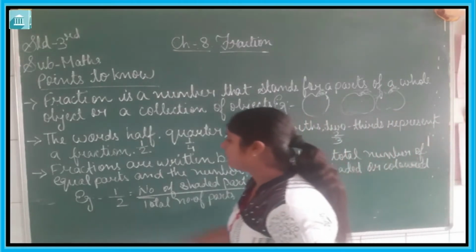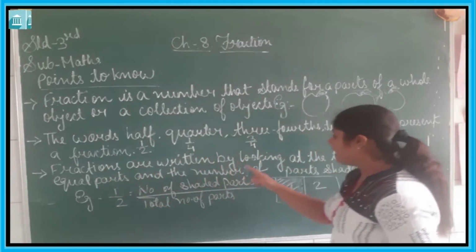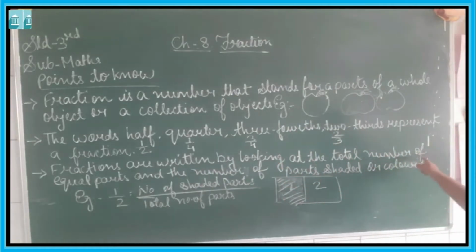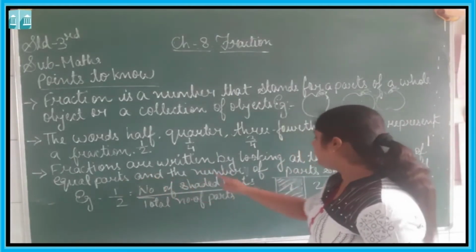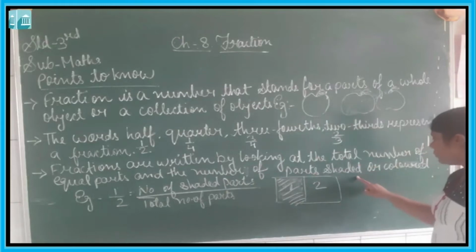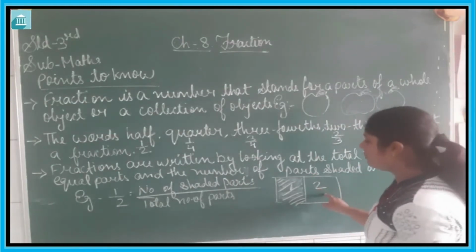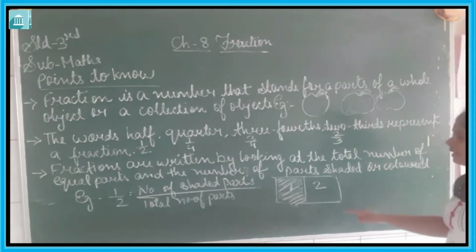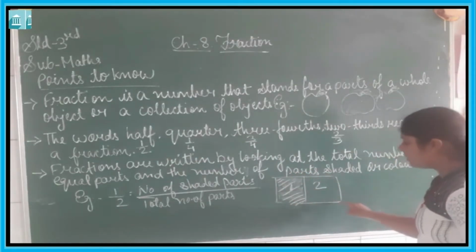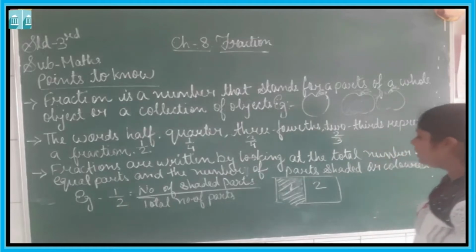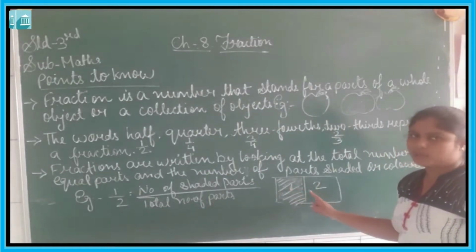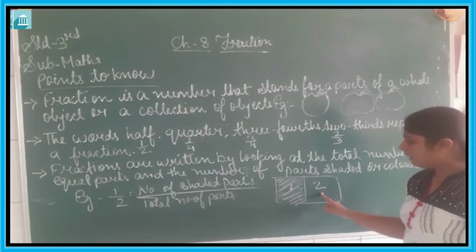Third, fractions are written by looking at the total number of equal parts and the number of parts shaded or colored. This is an object, okay? Or if you watch this rectangular box, there we have 2 parts, one part and the other part.